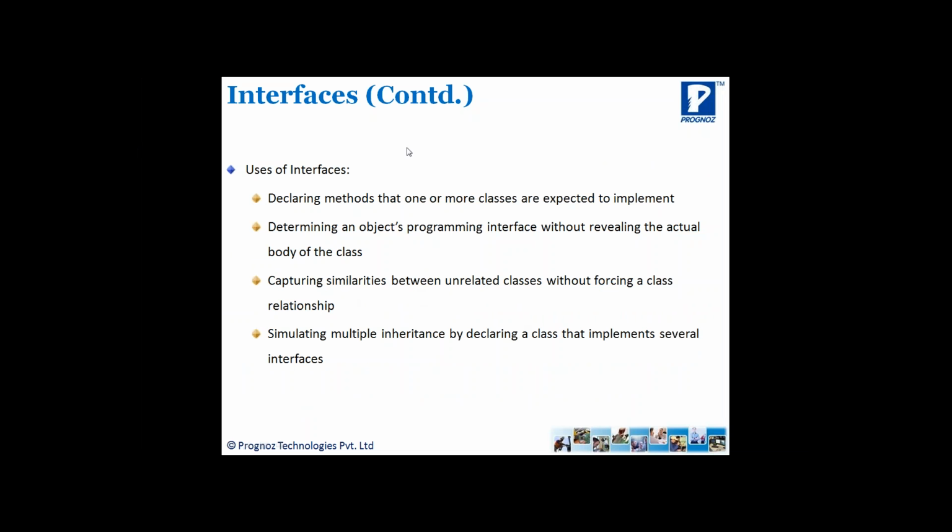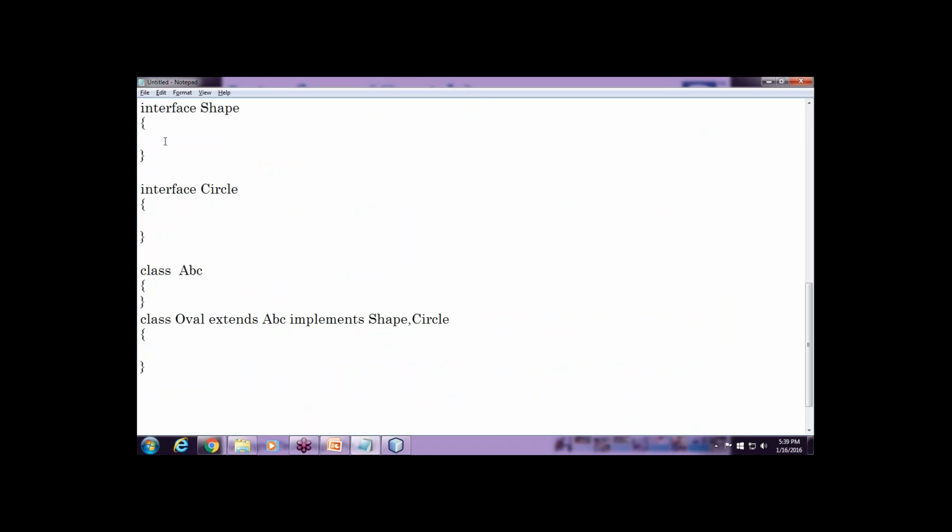forcing a class relationship, like an is-a relationship. If it is forcing, because if you are having some methods like void area declared and void perimeter like this, then in oval it forces you to override the perimeter and area methods.